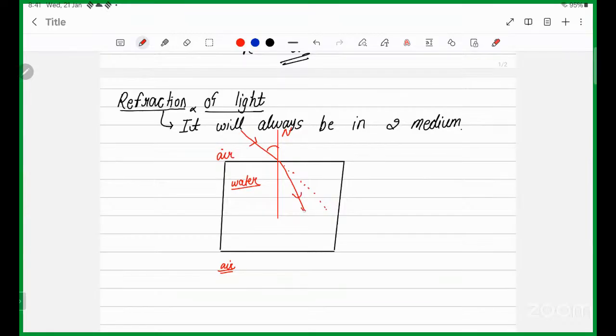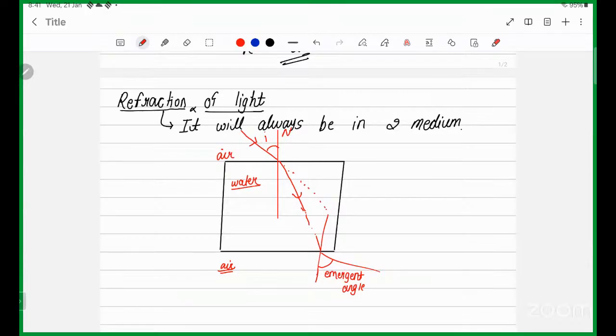Again here it will come like this, and it will bend away from the normal. It was towards the normal, and now it bends away from the normal. This will be the emergent angle, and here it will be the incident angle.